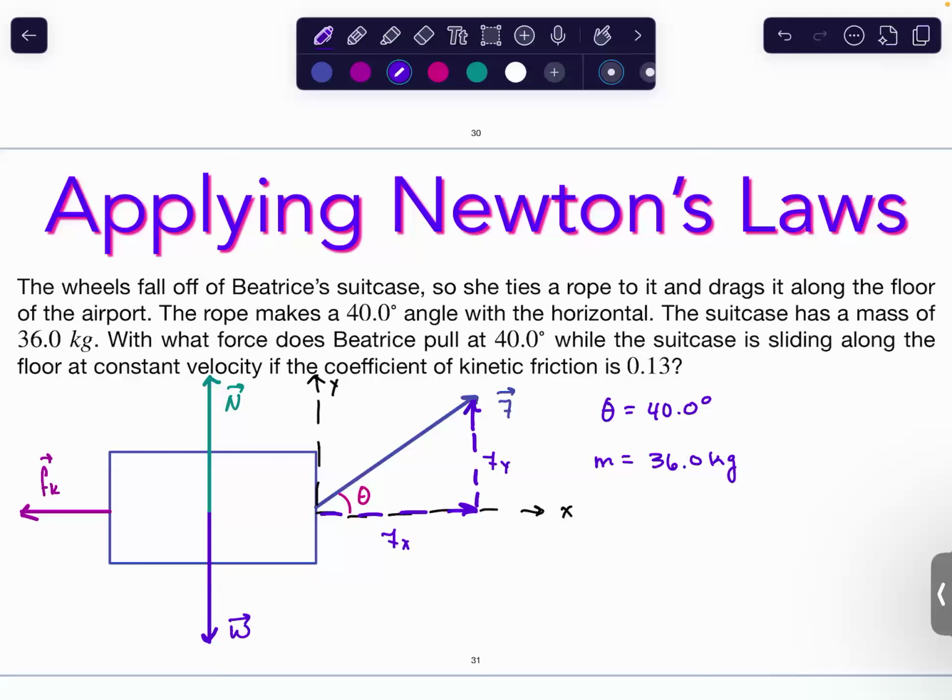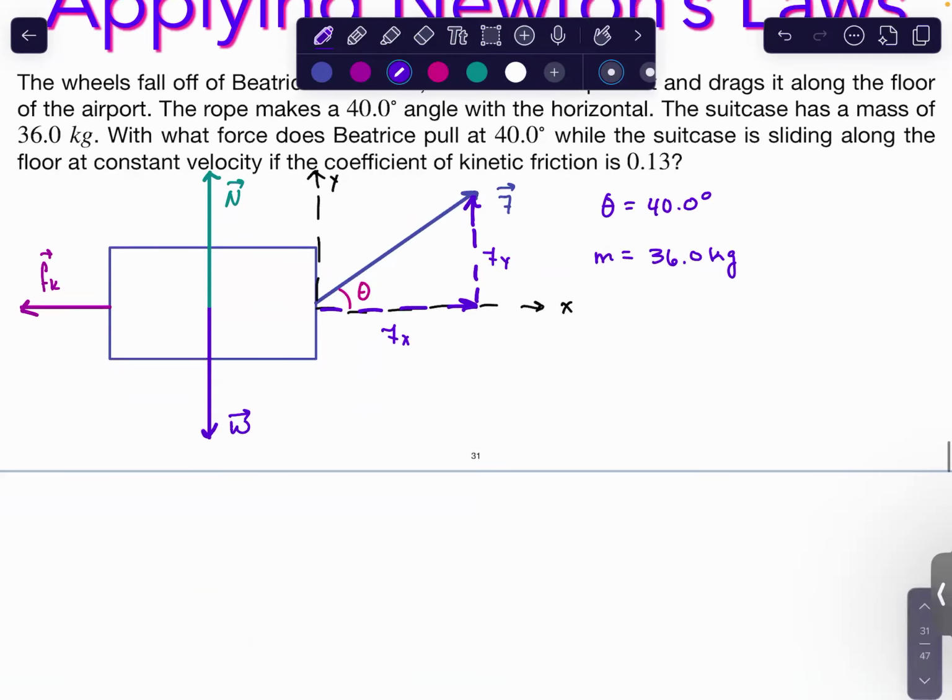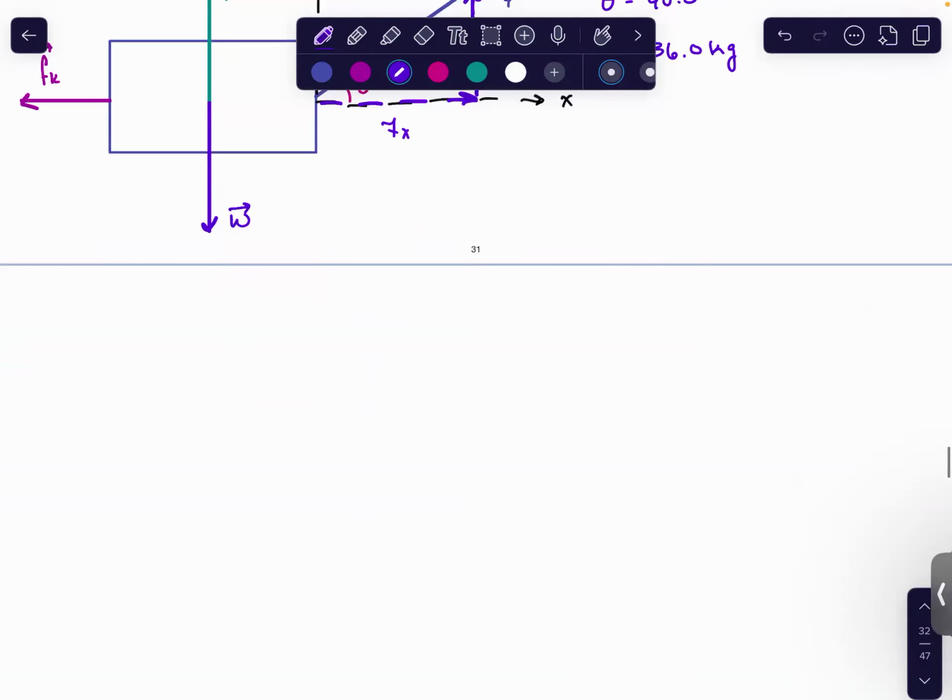Okay, so all right, so let's start with the net force in the x direction.